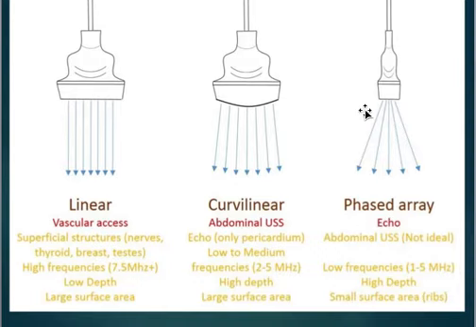Think of it like a telephoto lens. You know, we can zoom in really far to see further away. This one has a small footprint, which again I said in the last slide, but it makes it really good for going in between ribs. So this is used a lot for cardiac ultrasound. It's not really ideal for abdominal ultrasound.